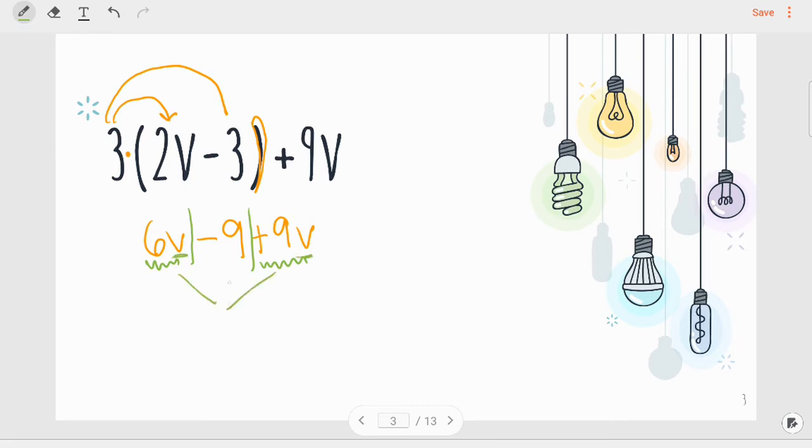So I'm going to go ahead and combine those. 6 plus 9 gives me a grand total of 15, and they were v's. So 15v. And negative 9 doesn't have anything else to combine with, so I'm just going to bring down negative 9, and that is my answer.